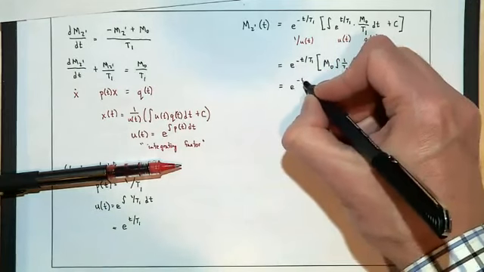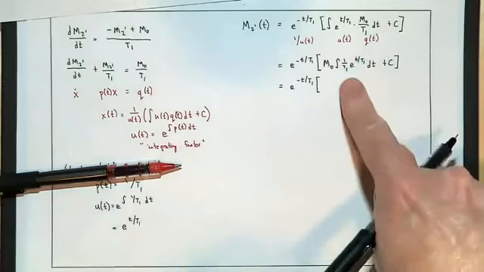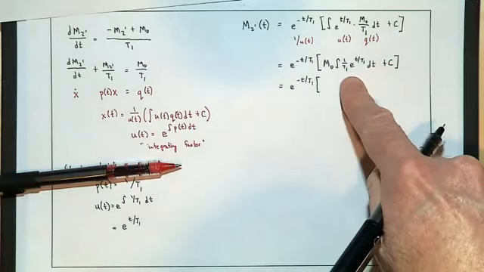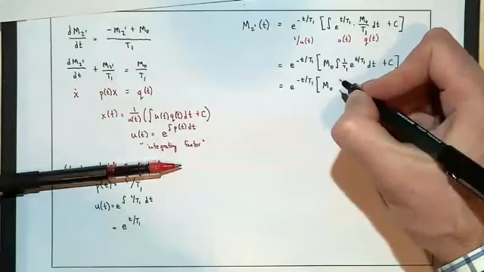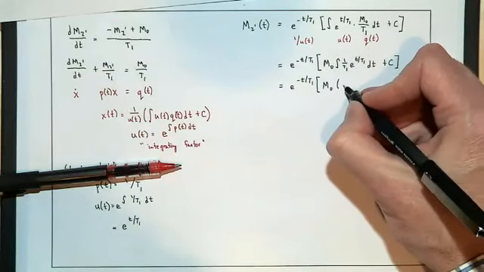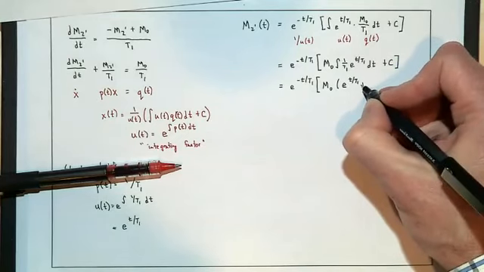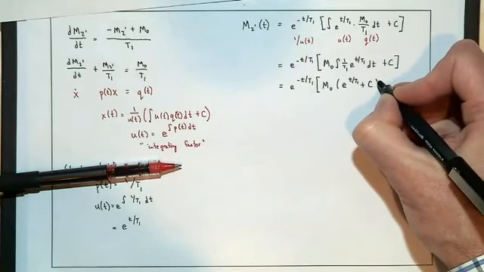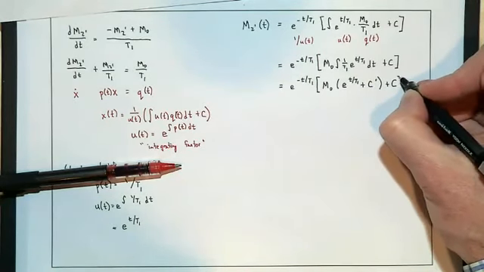Still carry through with this e to the minus t over t1 term in front. Now I have to work out the solution to this integral here. Hopefully we recognize solutions to exponential functions, and we just get e to the t over t1 plus some constant, I'll call it c prime, and we still have this last constant c.